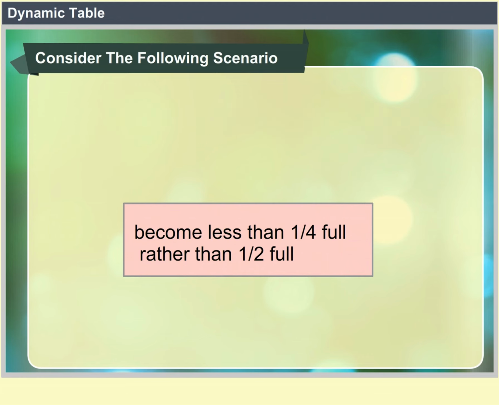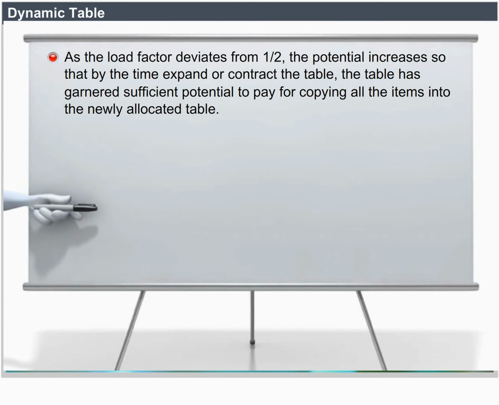Consider a load factor of 1/2 to be ideal, and the table's potential would then be 0. As the load factor deviates from 1/2, the potential increases so that by the time we expand or contract the table, it has garnered sufficient potential to pay for copying all the items into the newly allocated table.